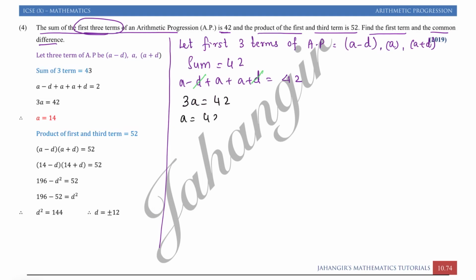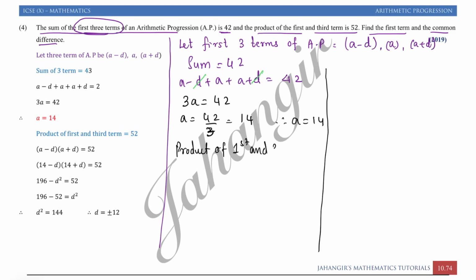A is equal to 42 by 3, 3 fours are 12, we get A as 14. Now the second condition says the product of the first and third term is 52.